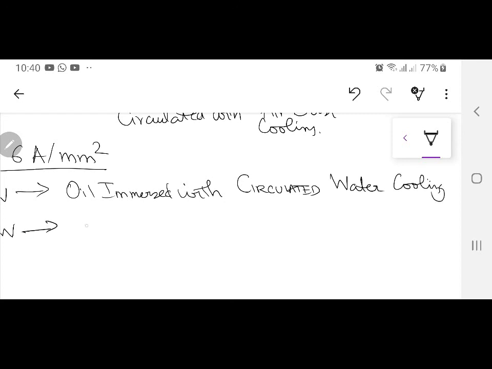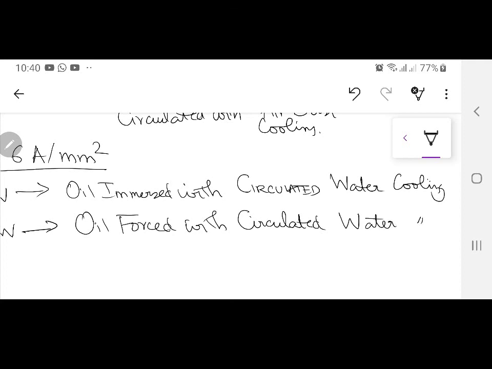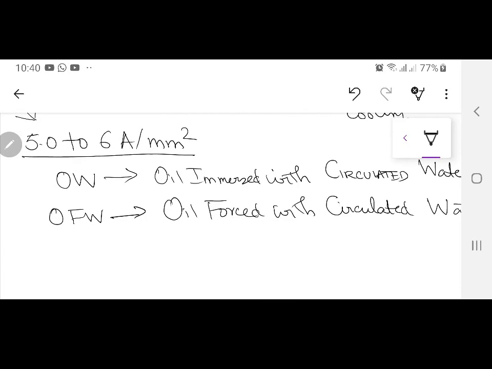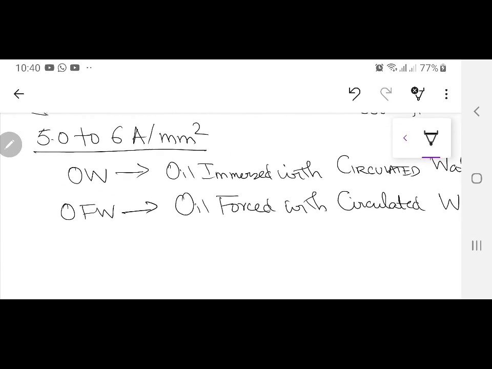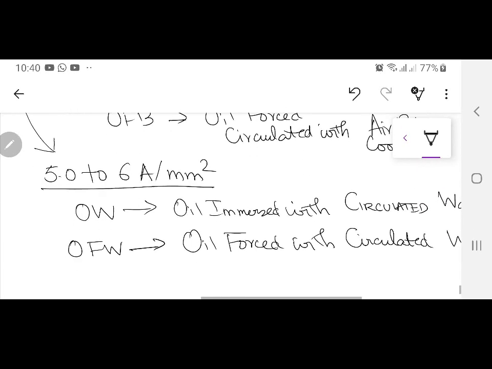And for this one, this is oil forced with circulated water cooling, same thing. So for the water cooling you can see the ampere per mm square is larger, and these are the oil immersed with circulated water cooling over there.